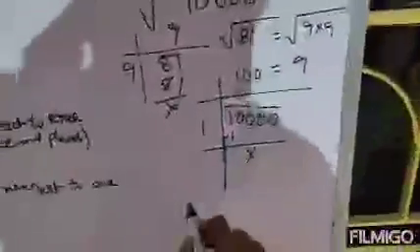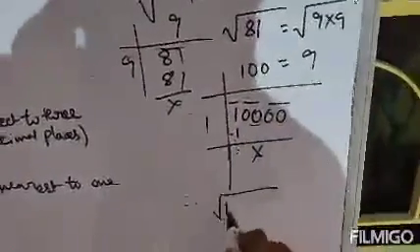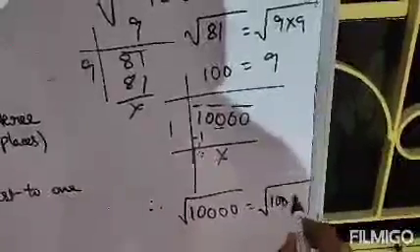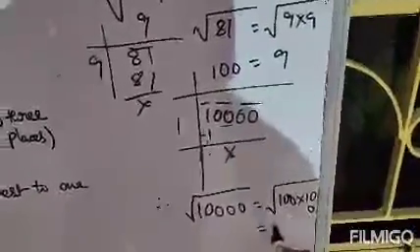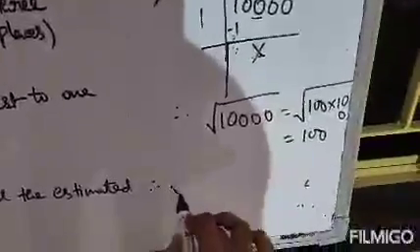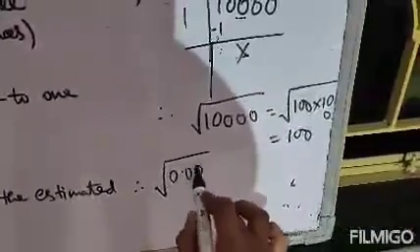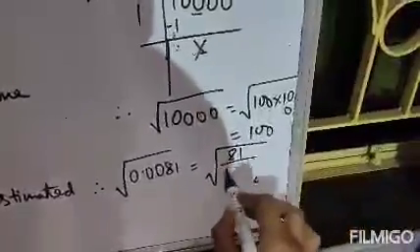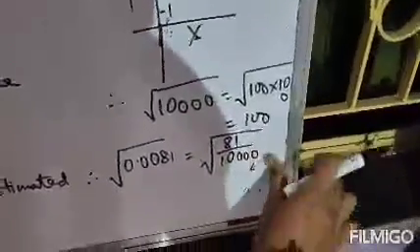So we can write 1 2 3 4, 100 into 100, your answer is 100. Clear? So 0.0081 equals 81 by 1 2 3 4.